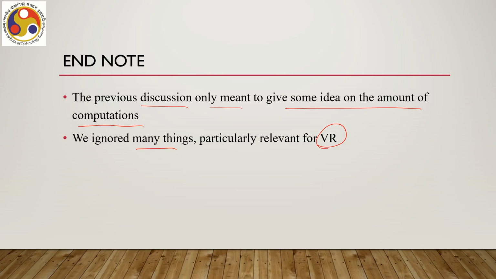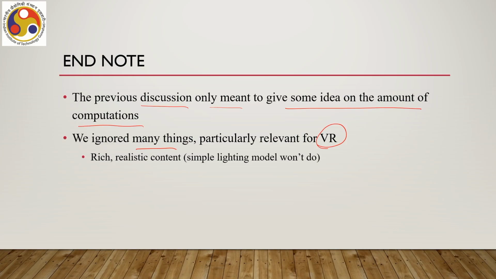Also, the scene is dynamic, it is changing based on user input, and those things we have not taken care of or discussed in the preceding discussion on the 3D graphics pipeline. So, together all of these increase the computational complexity even more.